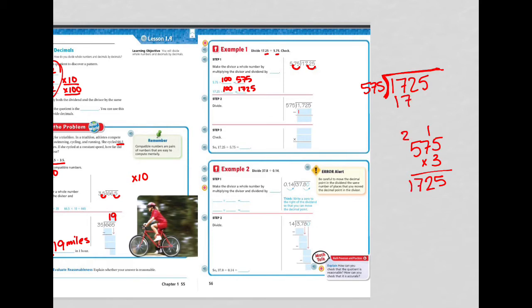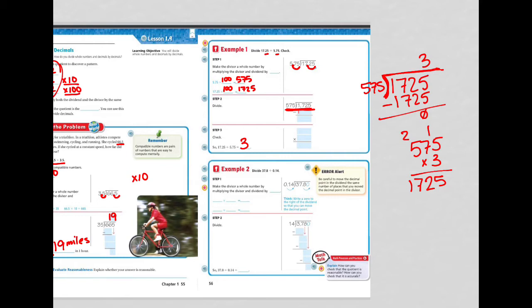So there we go. We have that 1725 3 times. When I subtract, then I have a remainder of 0. So 17.25 divided by 5.75 is going to be the same thing as 1,725 divided by 575. We just got rid of those decimals, so my answer is 3.